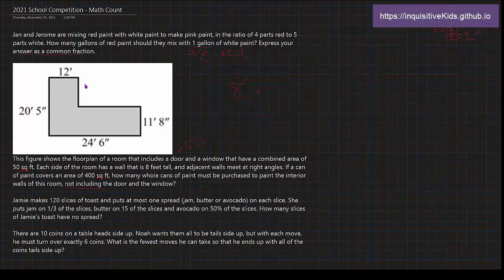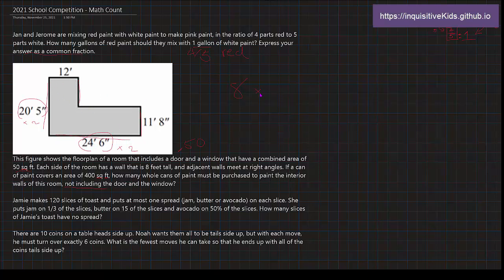And just what is the perimeter of this room? Well, the perimeter is this times 2 because there's this side right here, and there's these two sides added up. Then it's this times 2 as well because it's this side and these two sides added up.